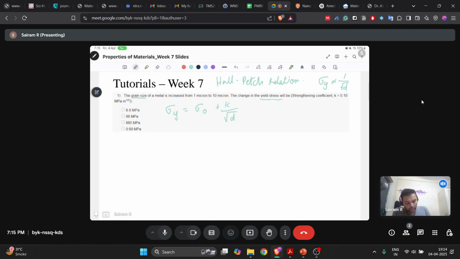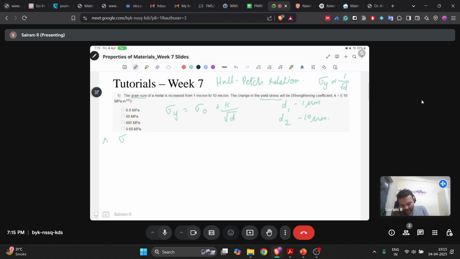Here we have two cases where D1 is 1 micron and D2 is 10 micron. Our grain size has increased from D1 to D2. We know from these relations that the smaller the grain size, the better the strength. So they've asked us to compare between the 1 micron grain size and the 10 micron grain size.